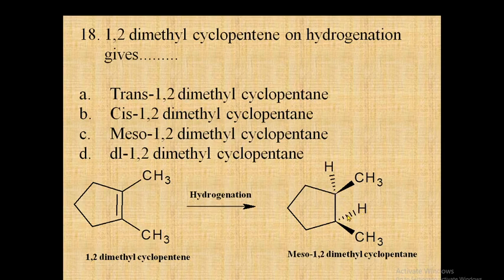The hydrogens, shown by the dotted lines, are on the same side, and the methyl groups are on the same side. If we pass a plane through the center of this bond, there is a plane of symmetry. As there is a plane of symmetry, this will be the meso compound, and therefore the answer will be meso 1,2-dimethyl cyclopentane.